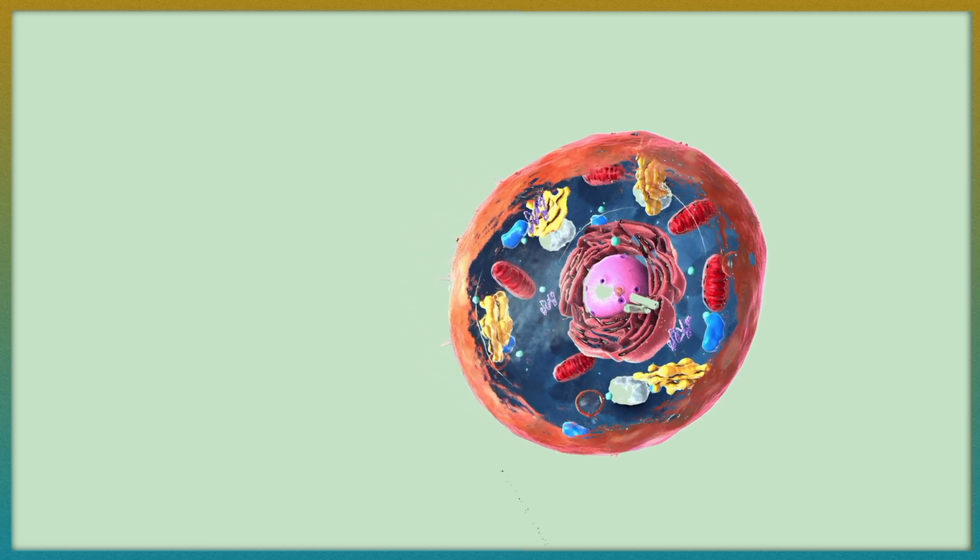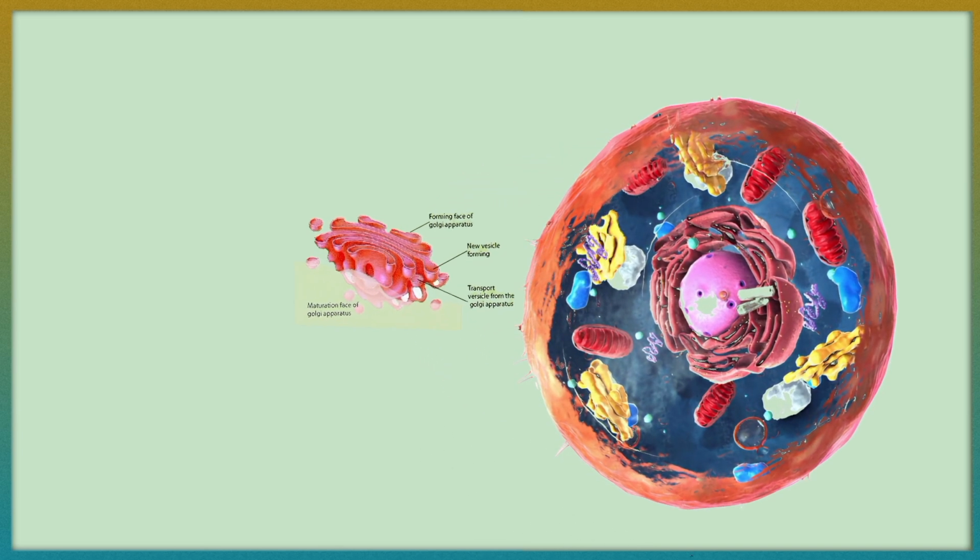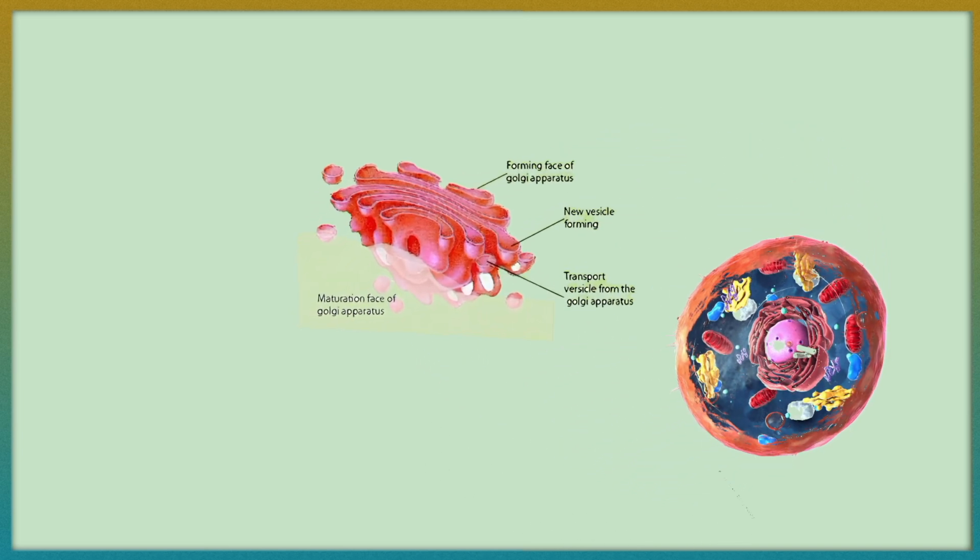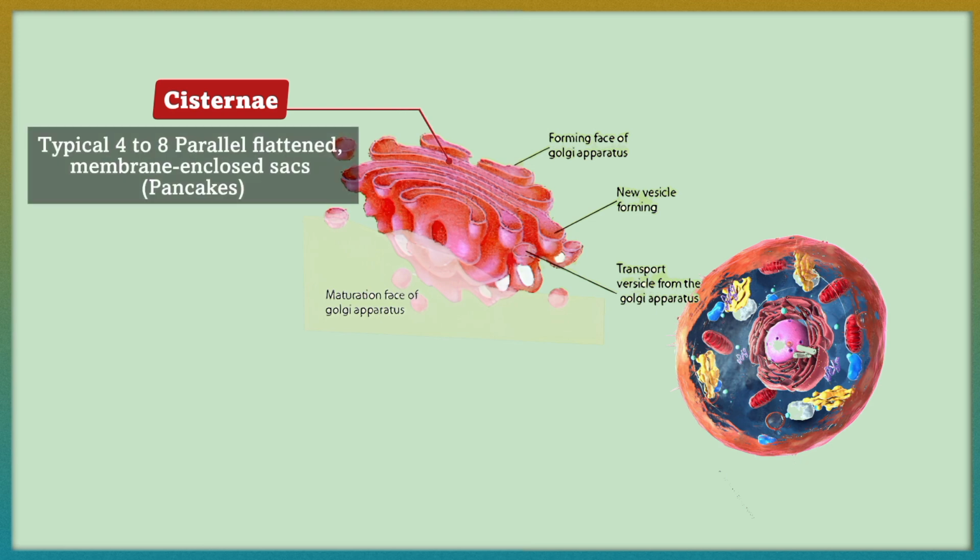Its structure is composed of flattened, membrane-enclosed sacs called cisternae. These cisternae are typically arranged in parallel stacks, often described as a stack of pancakes. While the number of cisternae can vary, a typical Golgi stack contains 4 to 8. The entire Golgi apparatus is supported by cytoplasmic microtubules.